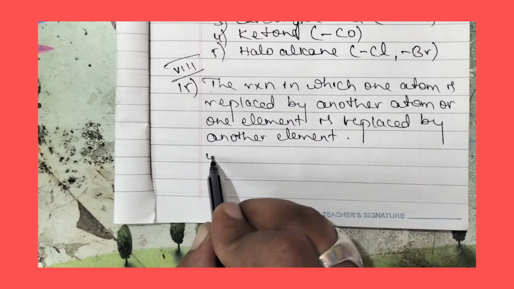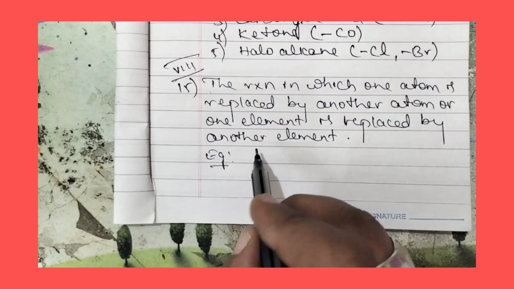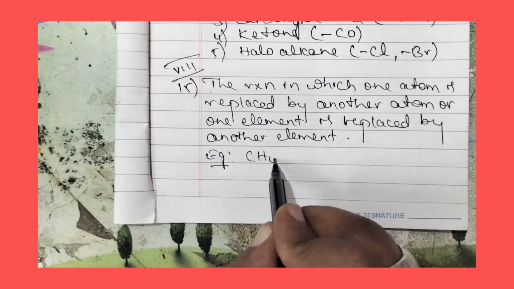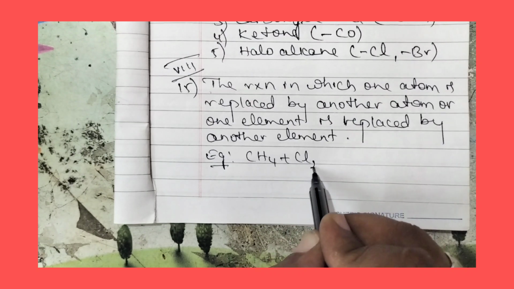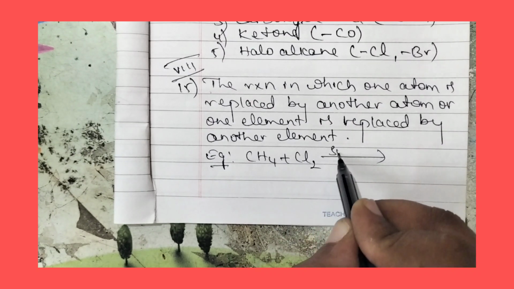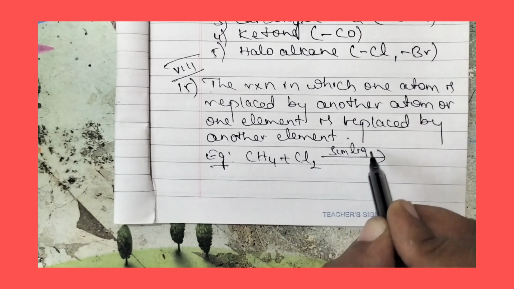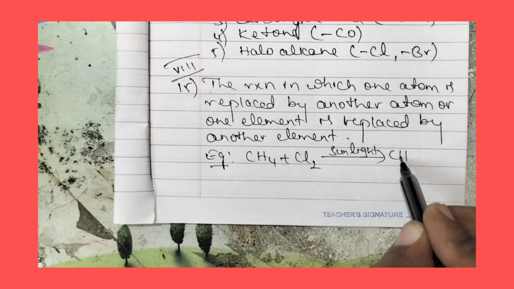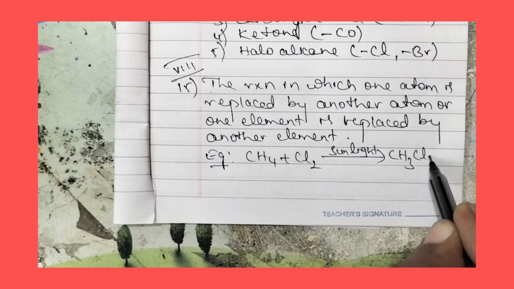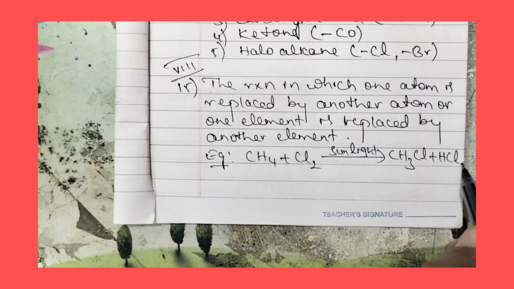Example: CH4 plus Cl2, in presence of sunlight, forms CH3Cl plus HCl.